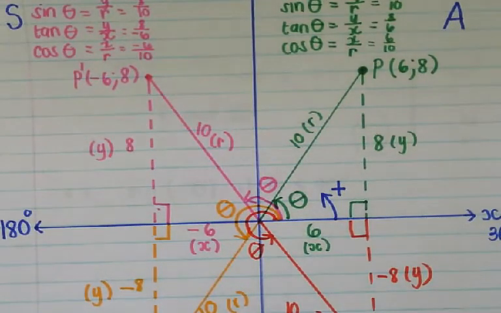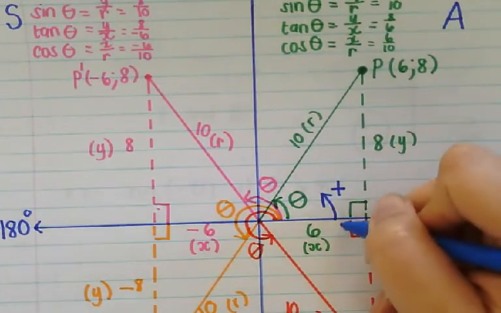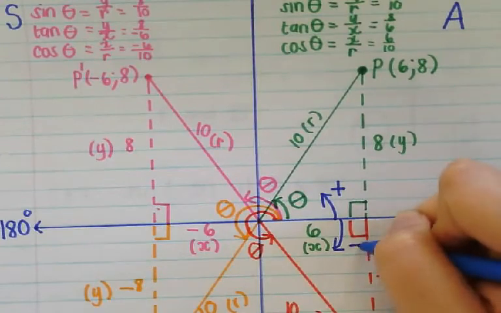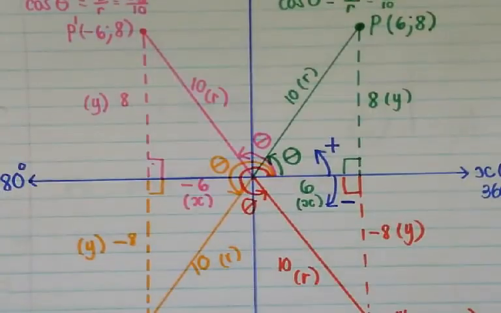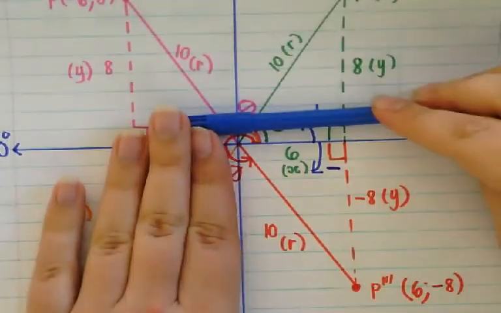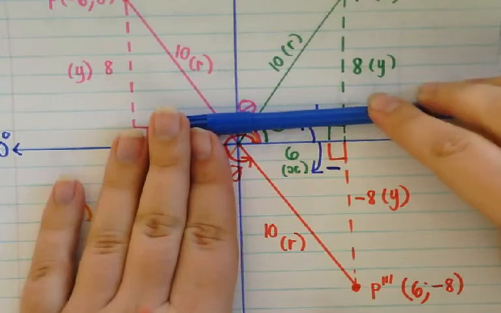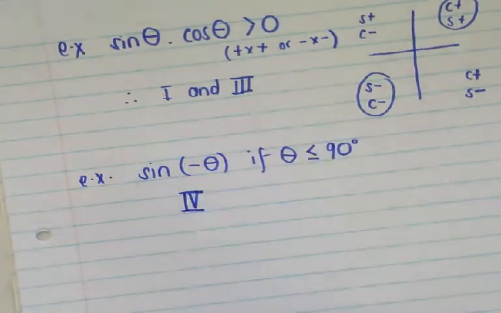The answer to the question that I asked verbally is that if anti-clockwise is positive, it would be clockwise for negative. So if I said it was smaller than 90 degrees, well then it can't go anywhere but there, right? Which would be quadrant 4. So my answer is quadrant 4.